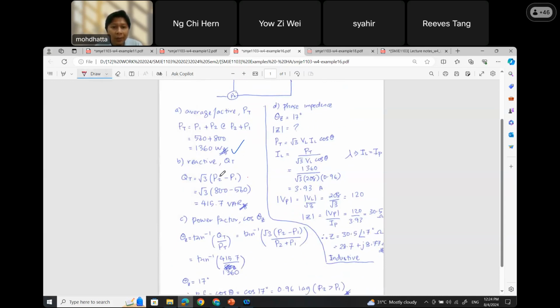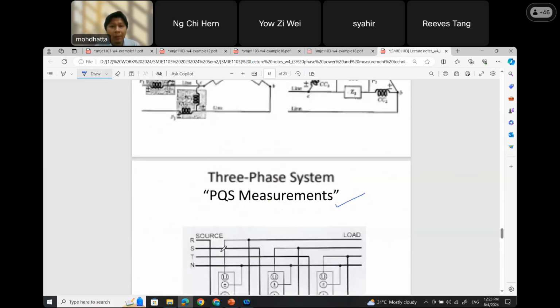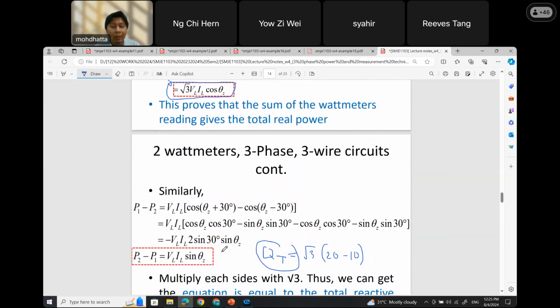For the reactive power, we must use this equation, where we have the square root of 3 and the difference between P2 and P1. You cannot do it the other way around, like P1 minus P2. You must use P2 minus P1. This is based on what was derived earlier.